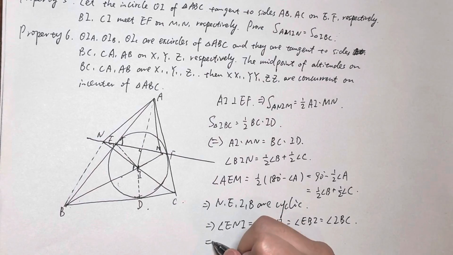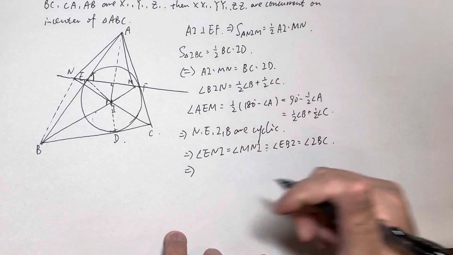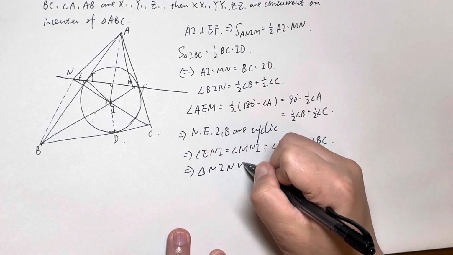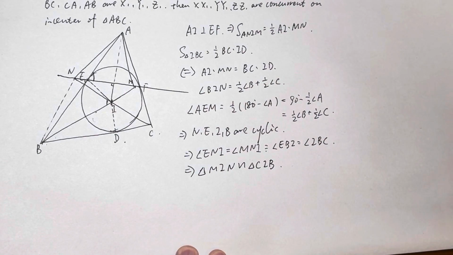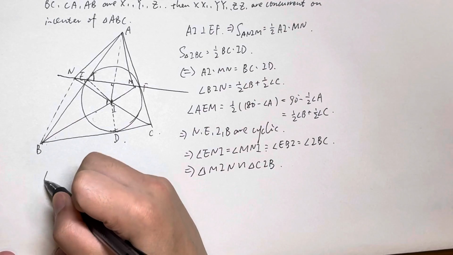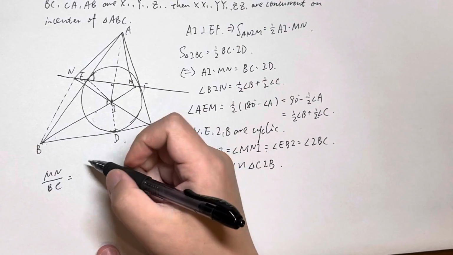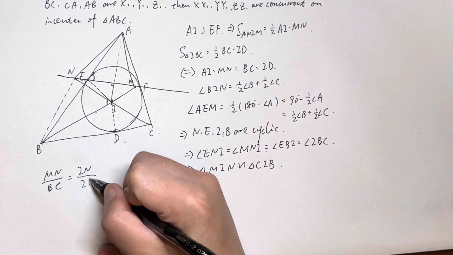So we know that triangle MIN is similar to triangle CIB, right? And based on this, we know that MN to BC equals IN to IB.